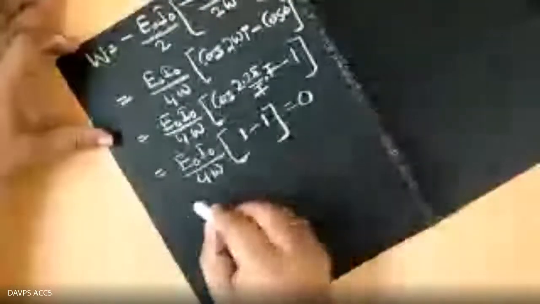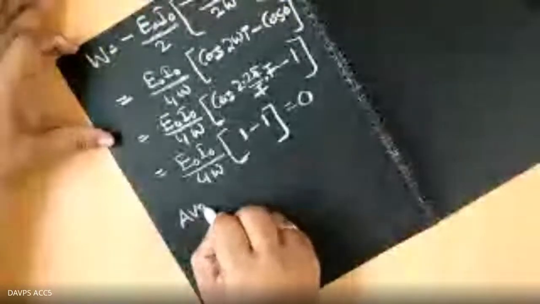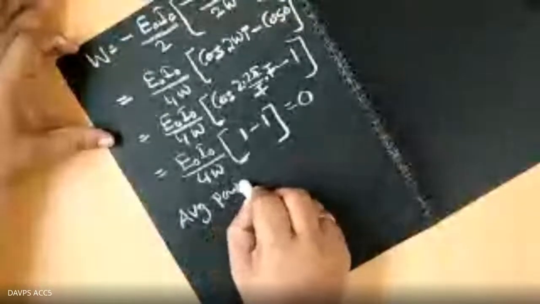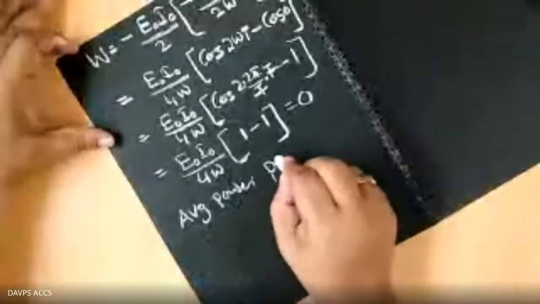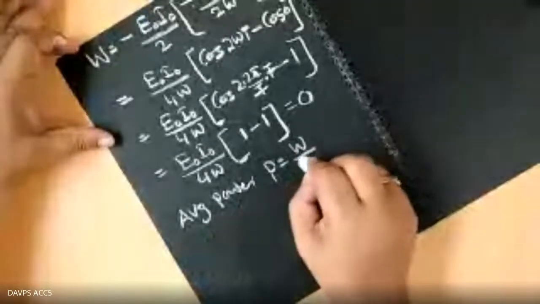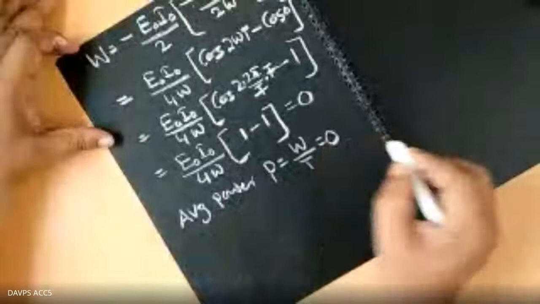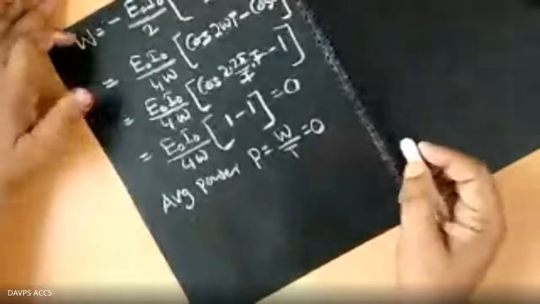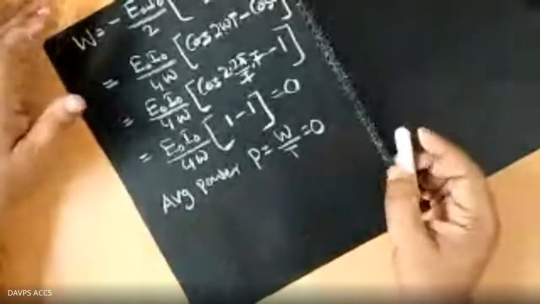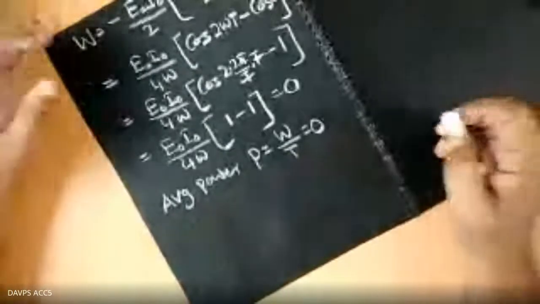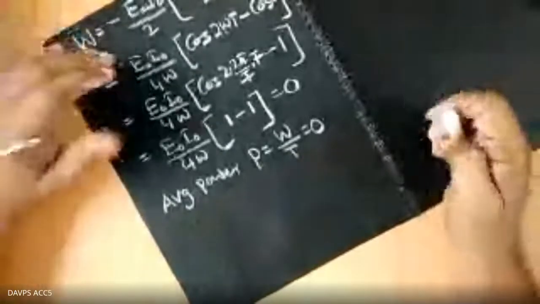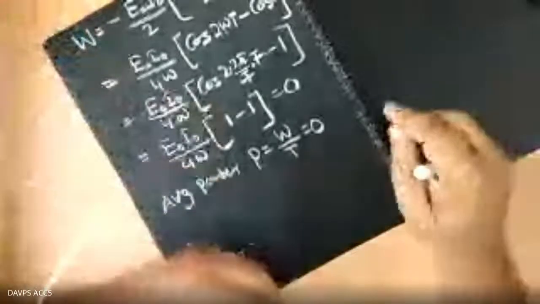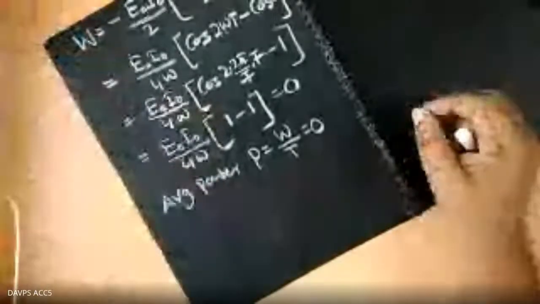So what will be the average power? The average power P equal to W upon capital T, and that is also 0. And you must be getting that the average power over a complete cycle in an AC circuit containing pure inductor is 0.